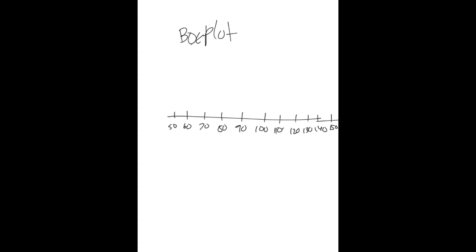First, let's start with marking all of our observations. The minimum value in our data set is 50, so let's mark that as 50. Since we don't have a lower outlier, we can mark that as our starting point.